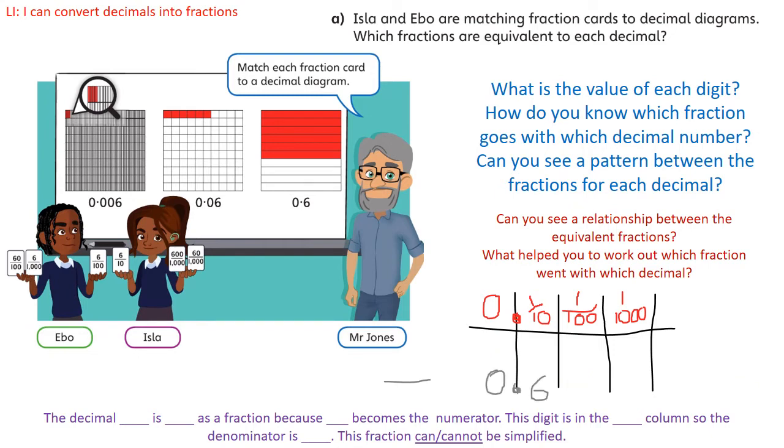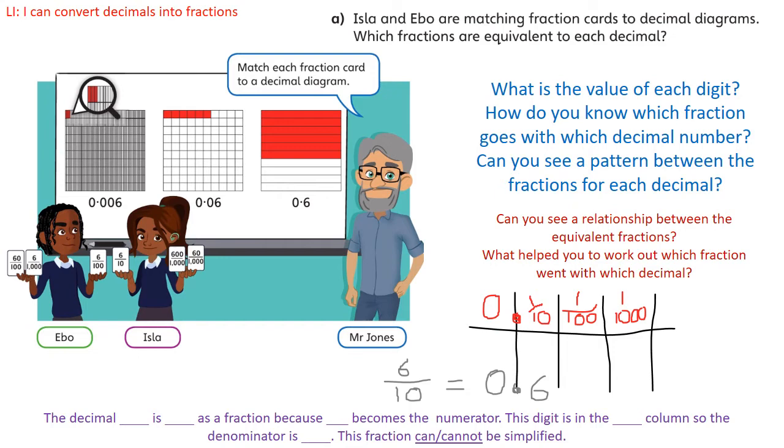And finally, we've got 0.6. So again, what is the 6 worth in this one? We've written it in our place value chart, and you can see that the 6 is in the tenths column. So the 6 becomes our numerator, and the 10 becomes our denominator.